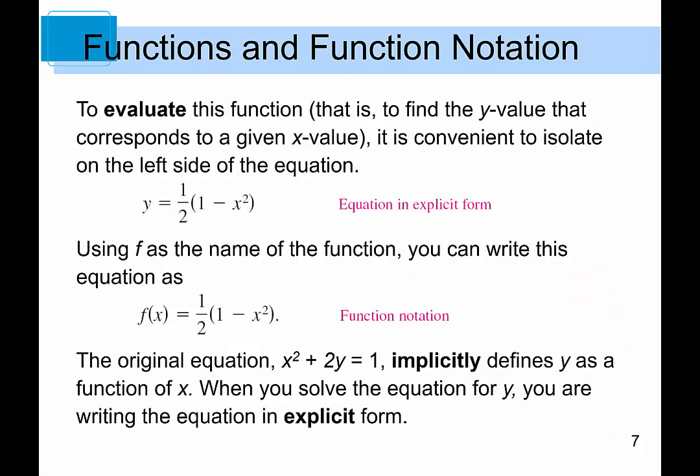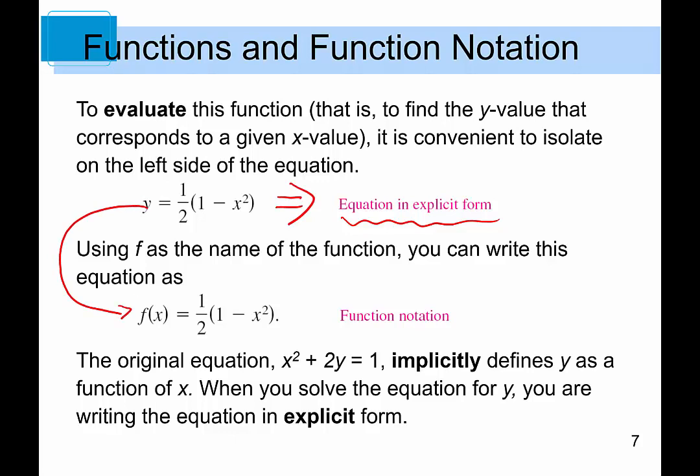So evaluate the function, the y value that corresponds with given x values. I already did a transformation, and if you factor out half, then you're going to end up with y equals half times 1 minus x squared. And this is what they call the equation in explicit form. The function notation is basically rewriting y as f of x.